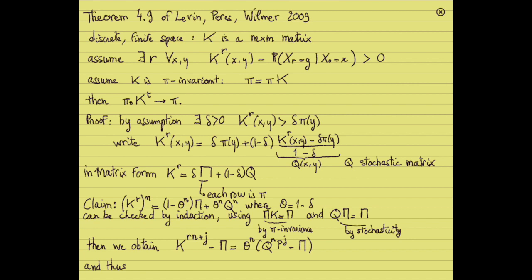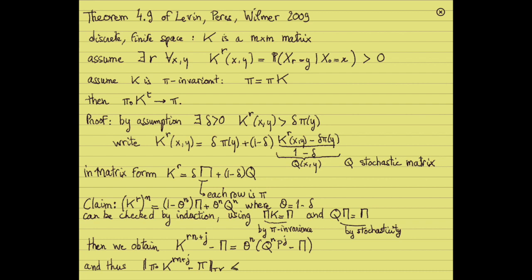And so from that, you can compute the total variation distance between pi 0 times k to the Rn plus j. So that's the marginal distribution at step Rn plus j. And you can compare this to pi.